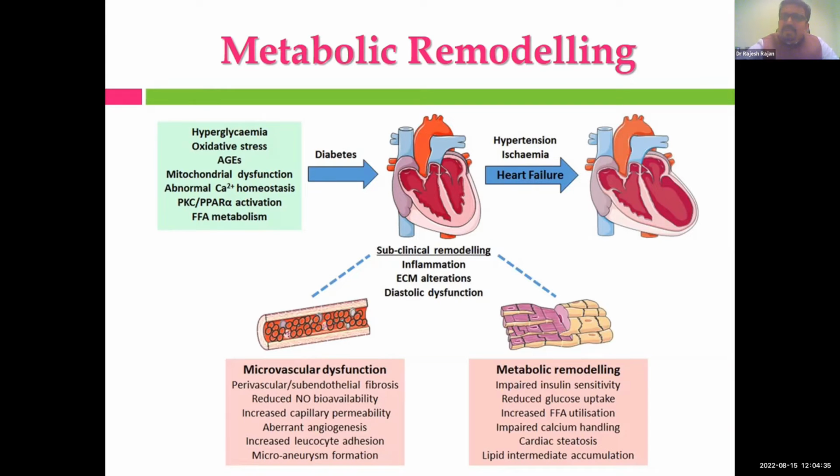All these things happen in diabetes, and because of this there can be microvascular dysfunction and metabolic remodeling. Due to this subclinical remodeling there can be inflammation, extracellular matrix alteration, and diastolic dysfunction sets in. All these stressors and factors can lead to heart failure, and we named it diabetic cardiomyopathy.